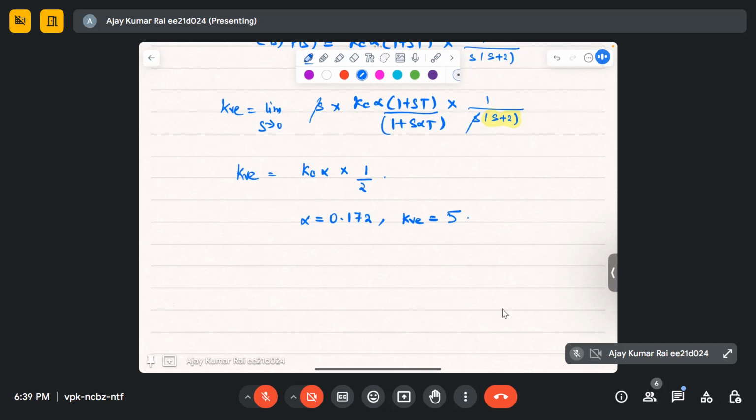So let's put these values here to find out the value of Kc. 5 = Kc into alpha, it's 0.172 into 1 by 2. So it's 5 into 2, that is 10 by 0.172.